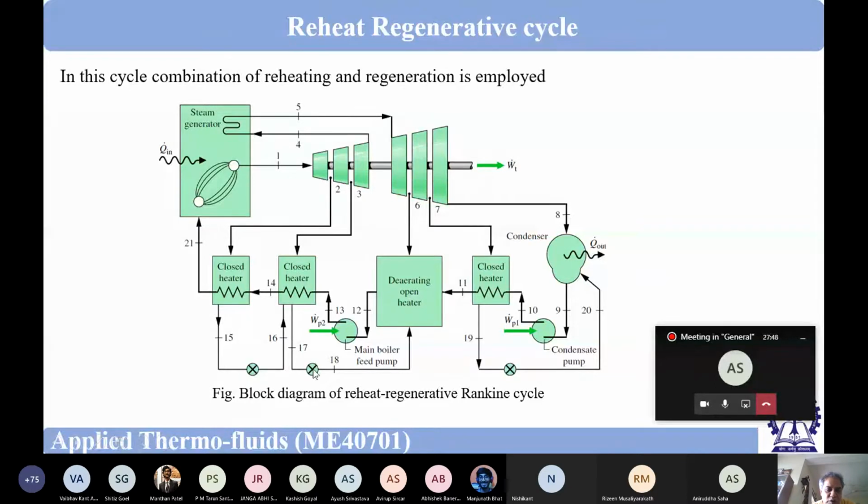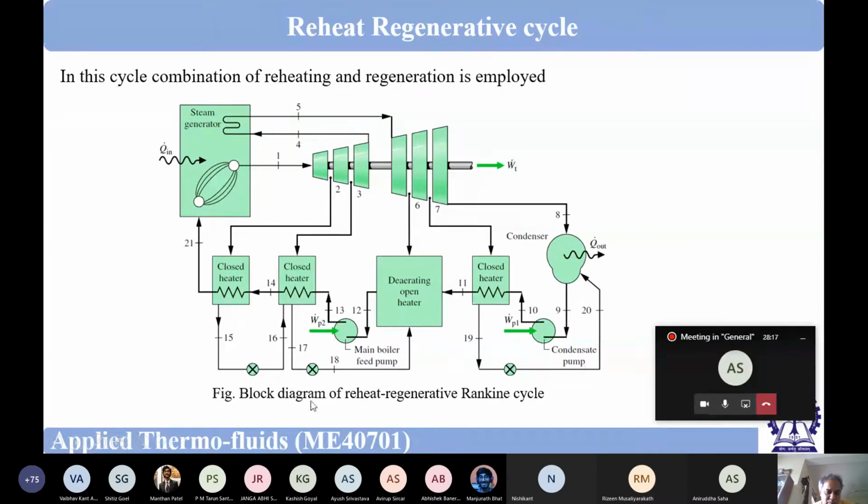What we will do is go for some sort of throttling, so the pressure of the water will reduce. Due to this high pressure, and on this side there is low pressure, the condensate pressure is low, so we will send it in the backward direction without any pump. Because this is high pressure and this is low pressure, it can be sent without a pump.